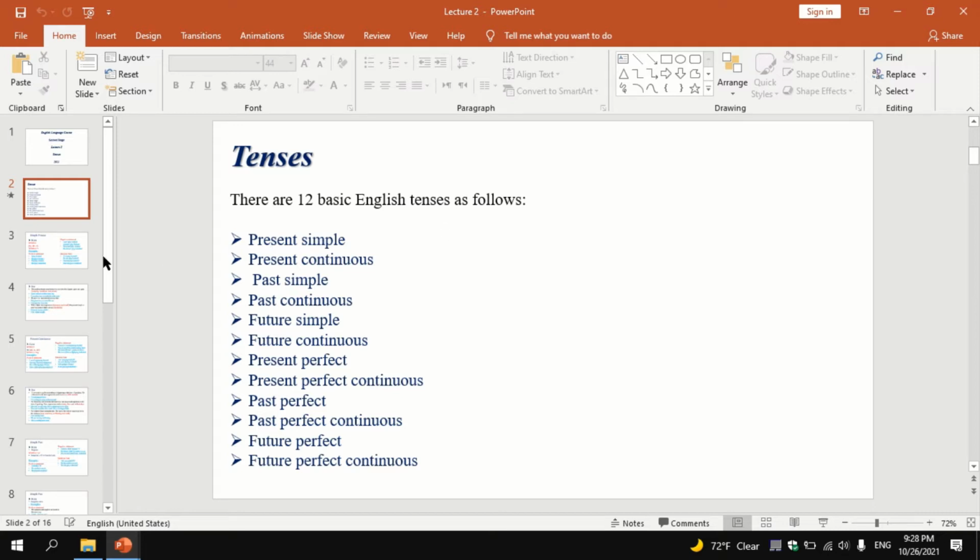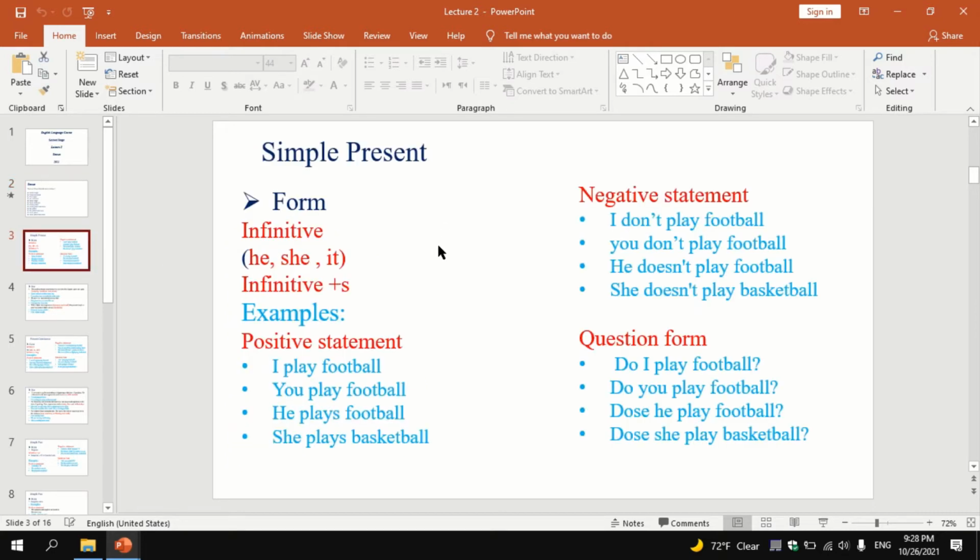So the first one is present simple. The form of present simple: I, you, we, they, he, she, or it, plus infinitive, plus third person s.